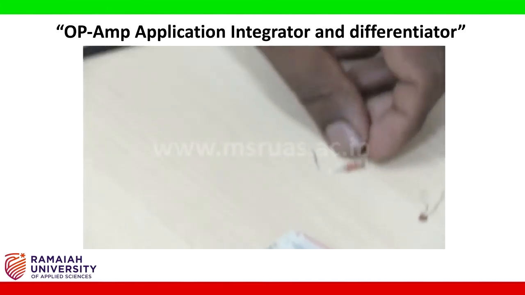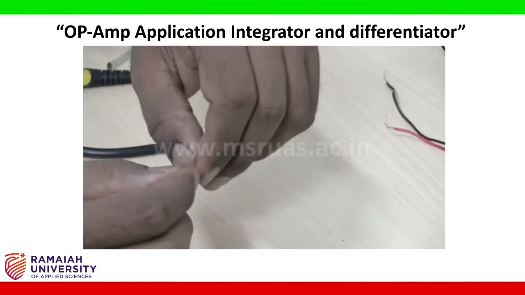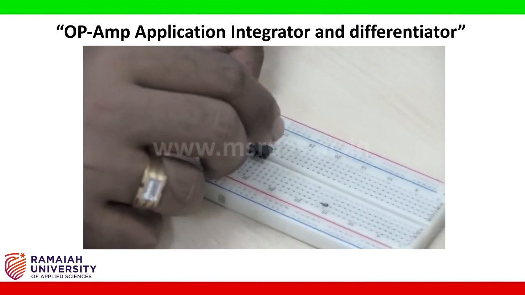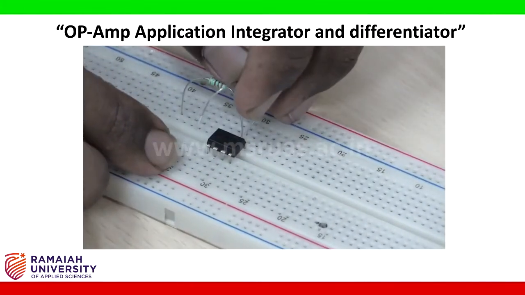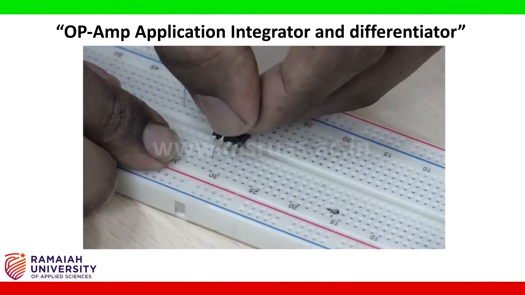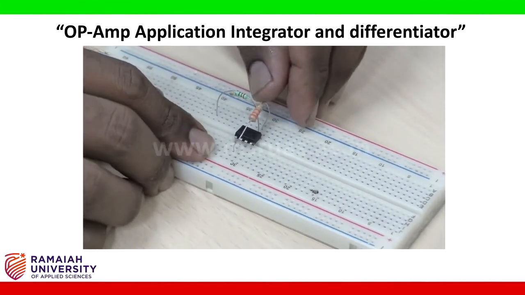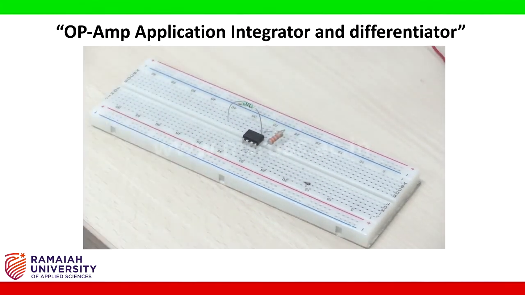Next I am taking a 33 kilo ohm resistor that will be connected from pin number 2 to pin 6. This is pin number 2 and this is pin number 6. 5, 6. I connected this to 6. I slightly bent it.